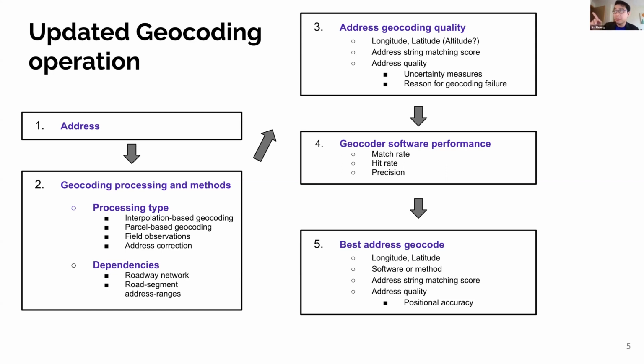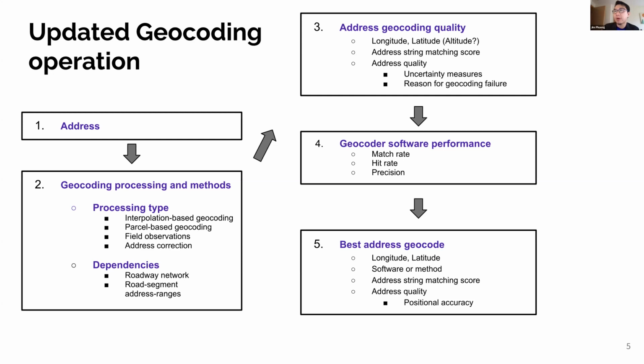I do want to acknowledge numbers 3, 4, and 5, which is just more of the address geocoding quality, digging more deeply into how each geocoder operates through their geocoding processes. What do they report back for quality? How do we determine if the address was geocoded to an adequate quality or if it was basically not found?